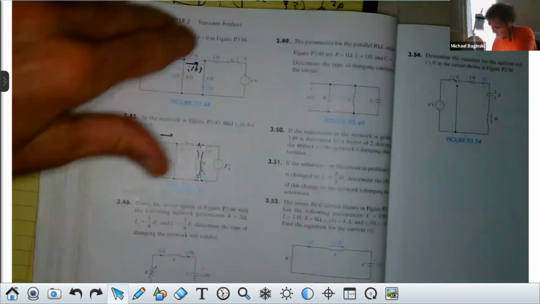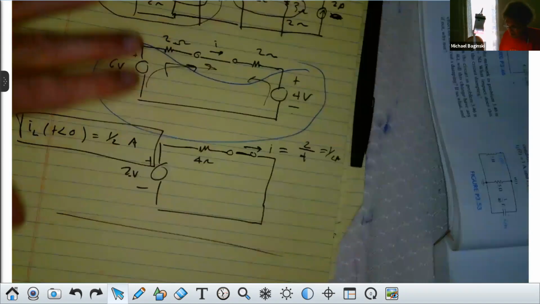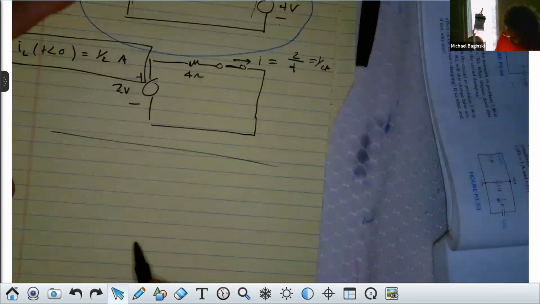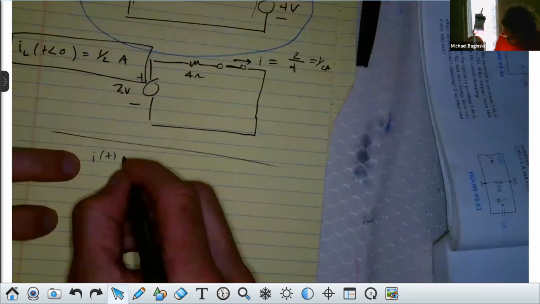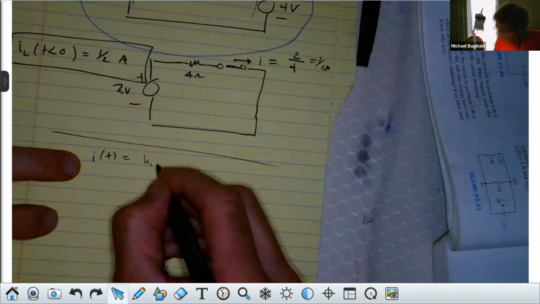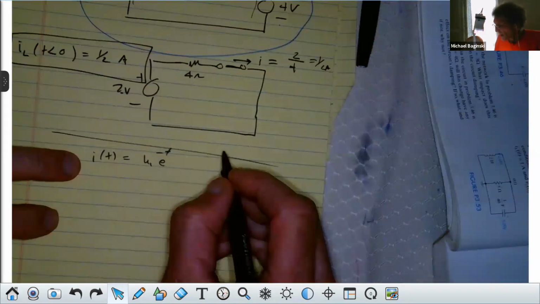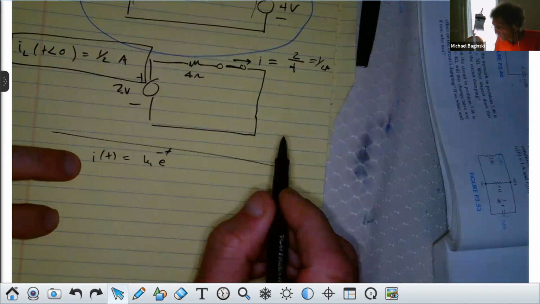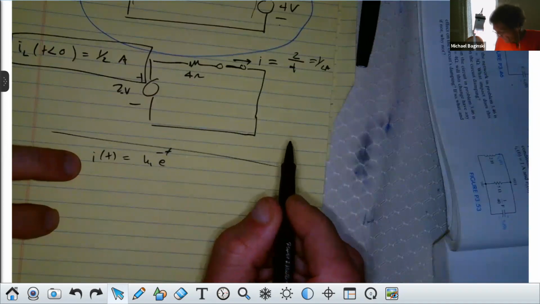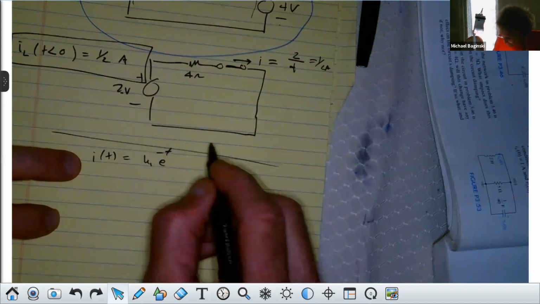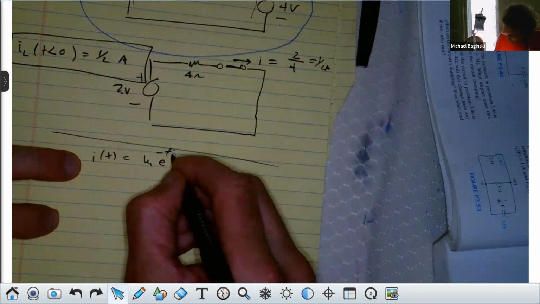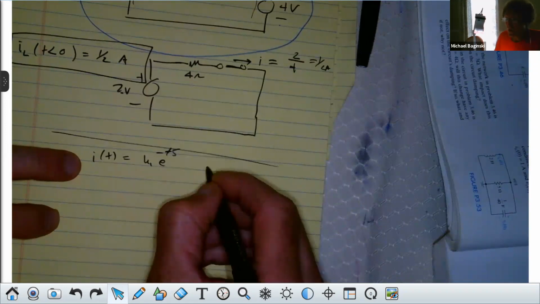I of t is equal to k1 e to the minus t over tau. Tau was equal to L over R, right? That was 2 over 10, or 1/5, so this would be minus 5t. And K2 is 0, right?